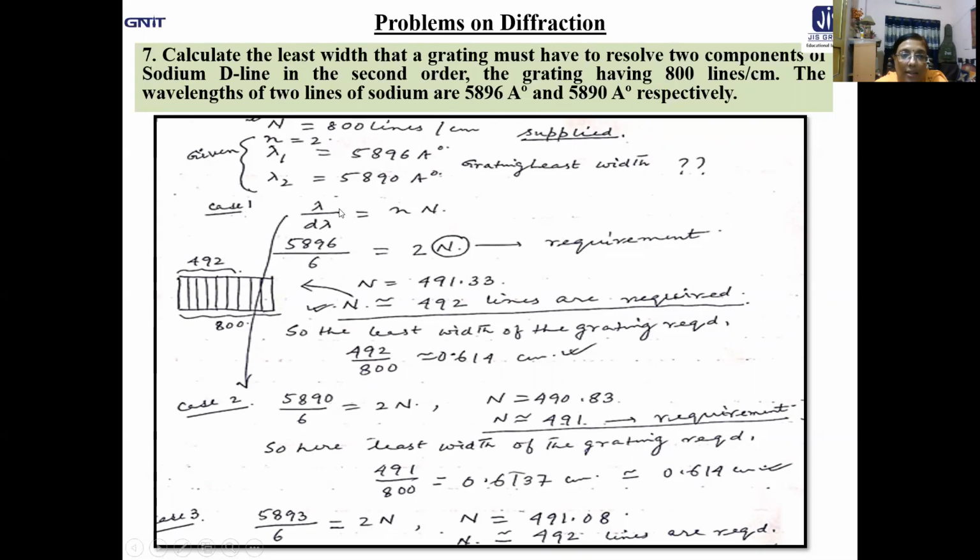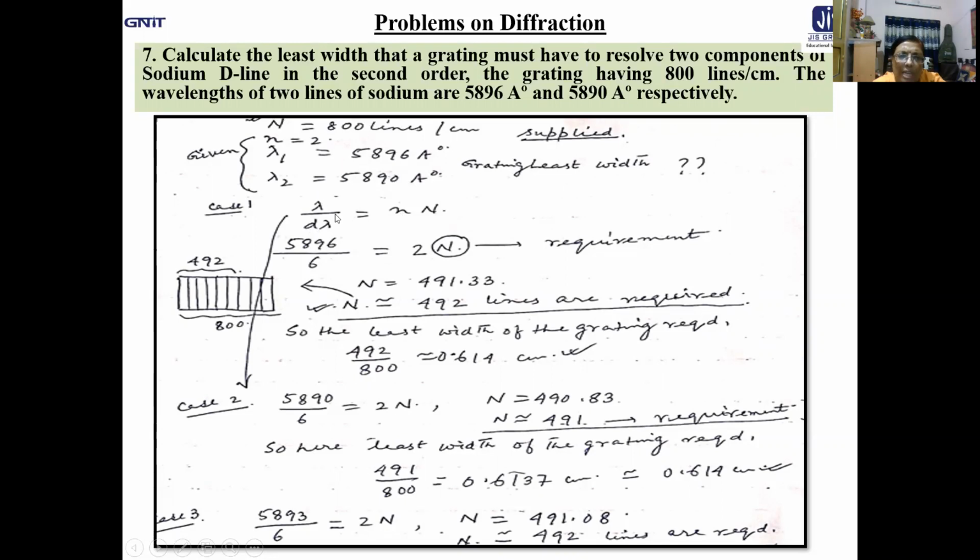So case 1: I am considering the resolving power formula for a grating, that is lambda by d lambda equal to small n into capital N. Now, lambda can be either of them or their mean. In the first case, I am considering lambda as 5896, and d lambda is 6.